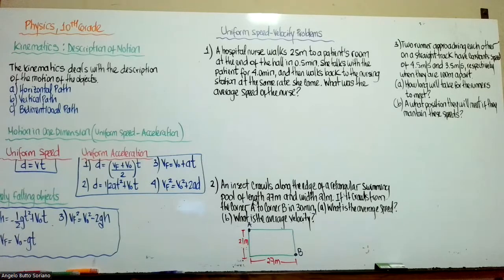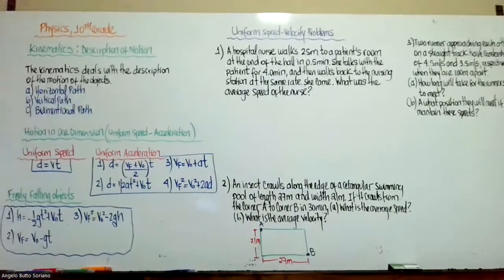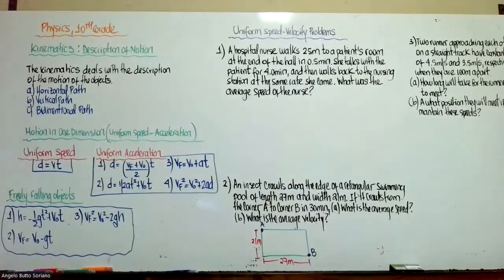Okay, obviously the uniform speed and uniform acceleration are both part of motion in one dimension, but one dimension that will be in the horizontal path. On the other hand, we have the freely falling objects. As you can read on the whiteboard, freely falling objects have a vertical path movement.